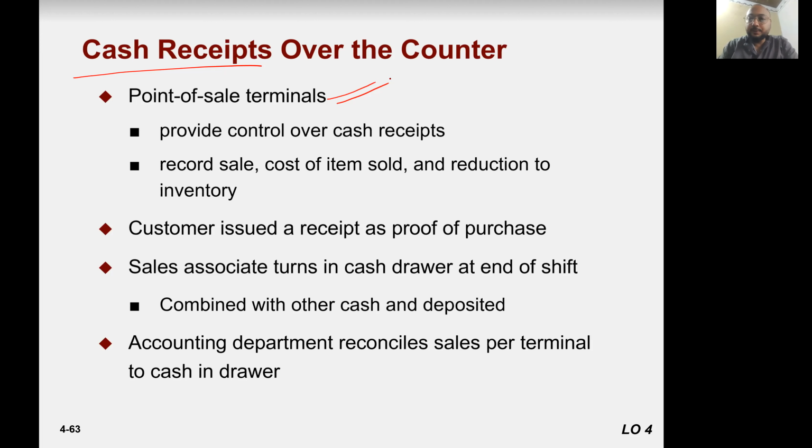Customers should be issued receipts as proof of payment, and the sales associate turns in the cash drawer at the end of the shift. If there are two persons, they need to shift to the other person, and please do recording at that time: when I left this seat, there was this much cash inside, and I would be handing over this. So everything is electronically recorded. Combined with other cash and deposits, the accounting department reconciles sales per terminal to the cash drawer.